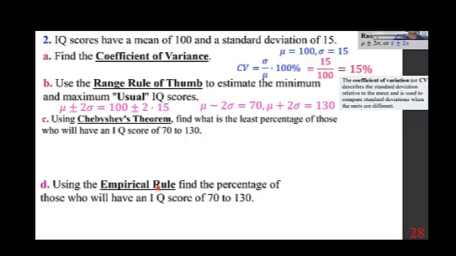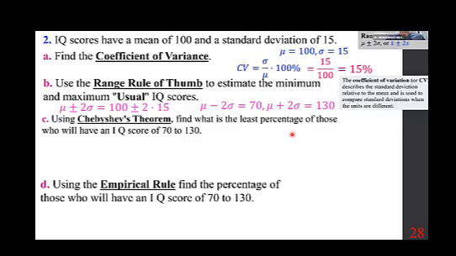In the case of empirical rule, you know that you're dealing with a bell shape. In the case of Chebyshev's theorem, you don't know about the shape of the data. So this is more conservative in that sense. So we already know from 70 to 130, it covers 2 standard deviations.